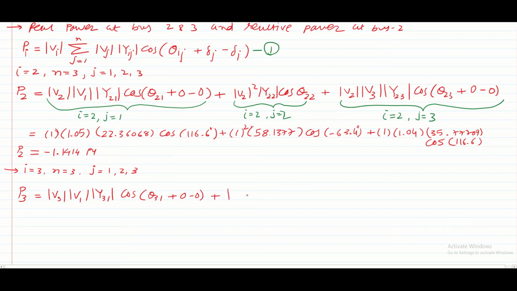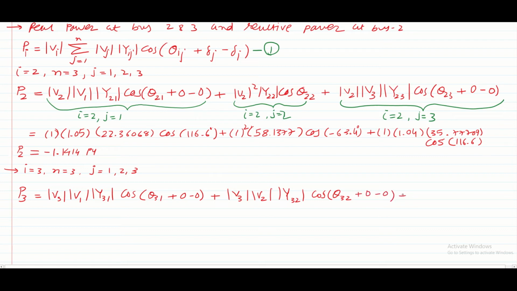Again here you have to substitute I equal to 3, J equal to 2. So it is V3, V2, Y32 into cos of theta 32 plus 0 minus 0.